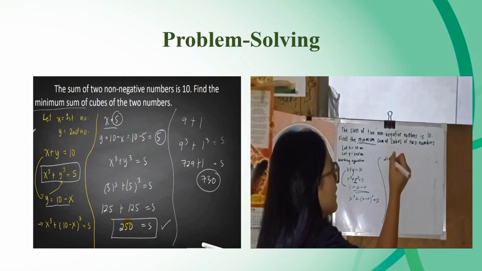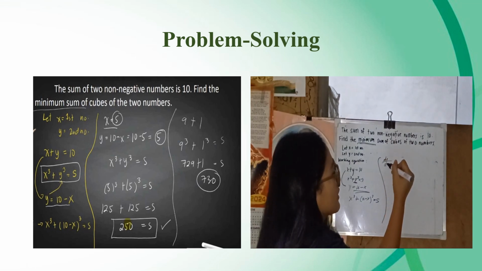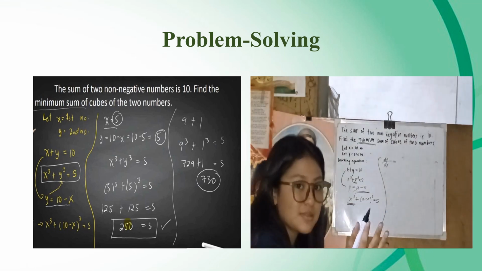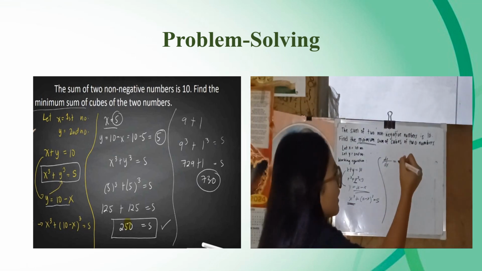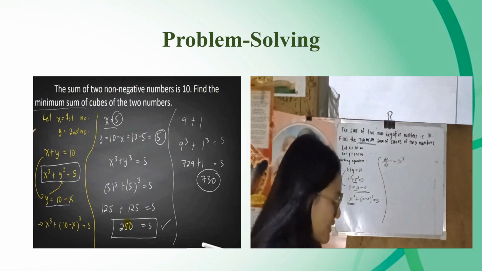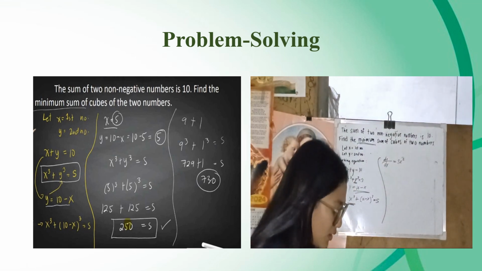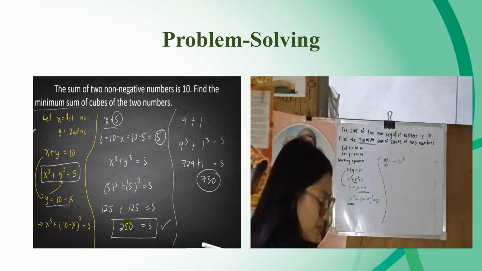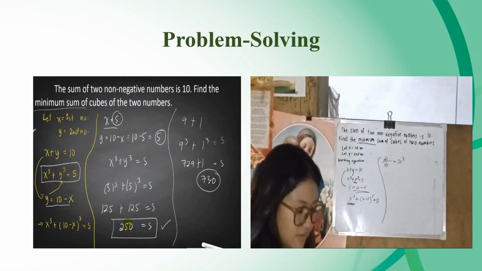So the derivative of S with respect to x is equal to, the derivative of x cubed is 3x squared. Then to get the derivative of 10 minus x cubed, let us use the chain rule.